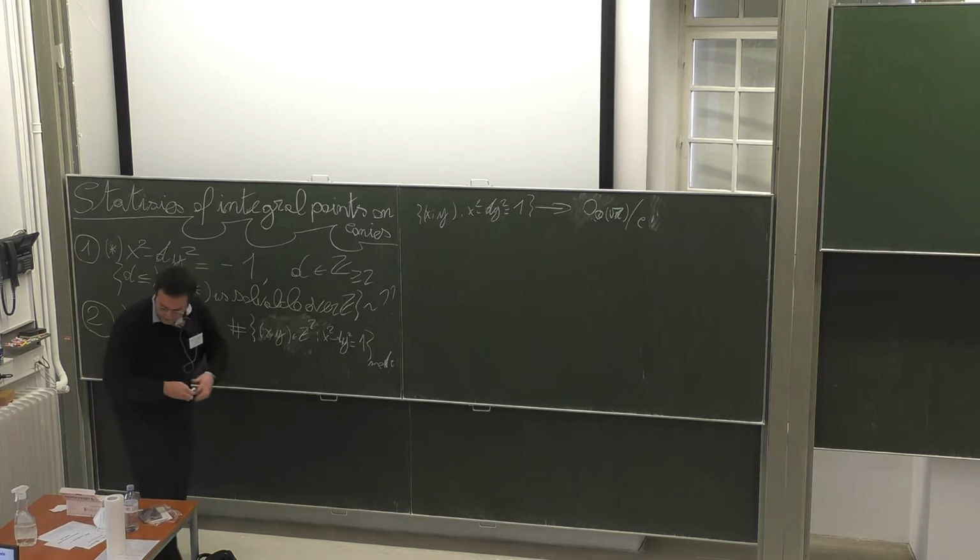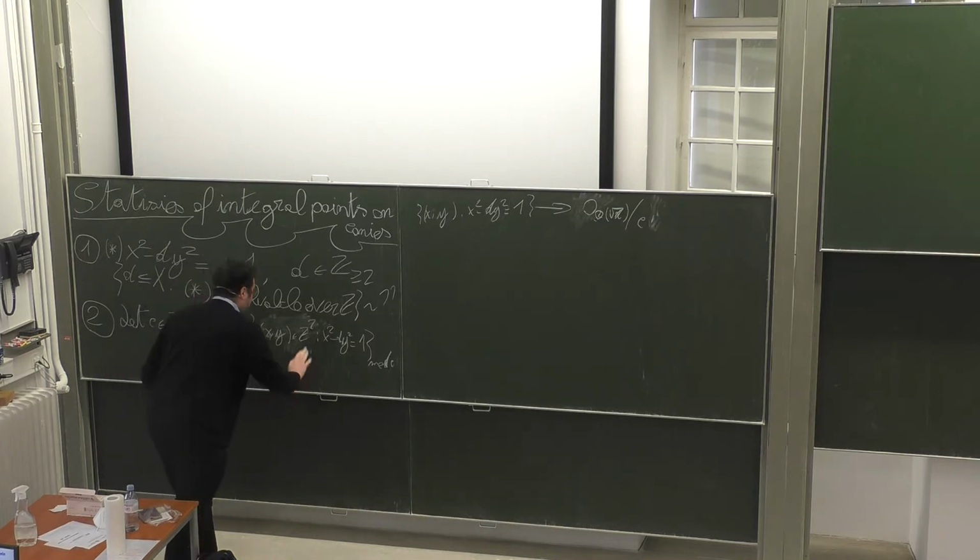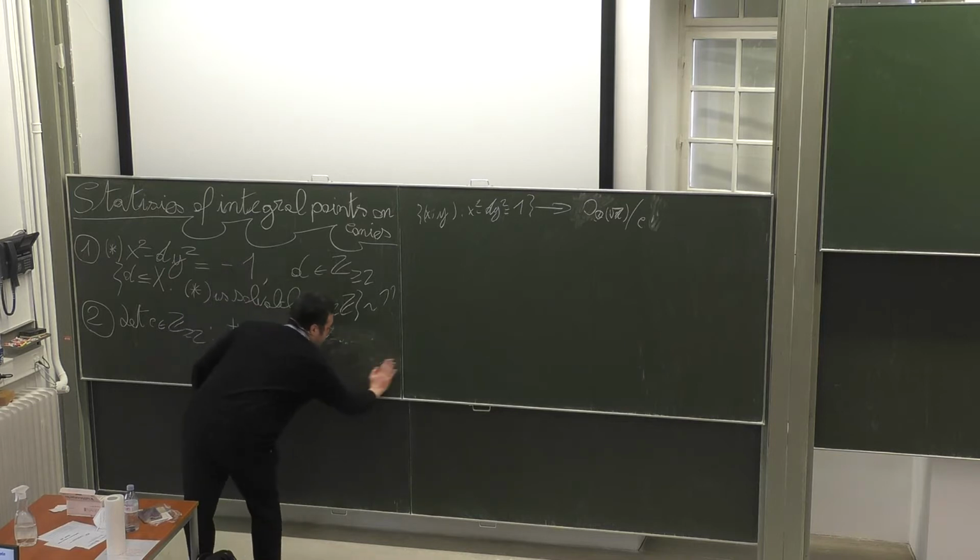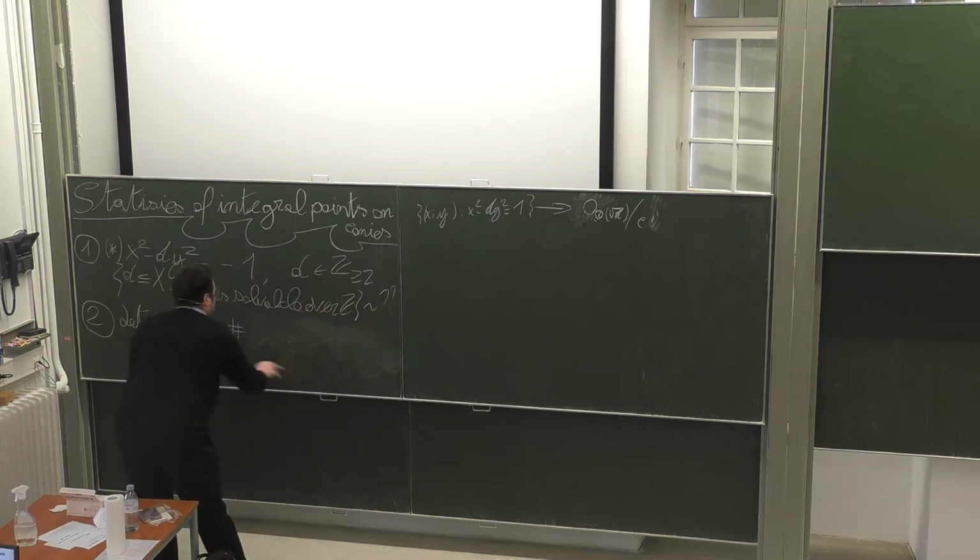Let me rewrite it directly: the cardinality of (O_Q(root d) star) mod C. Is that clearer? Yeah, sorry.